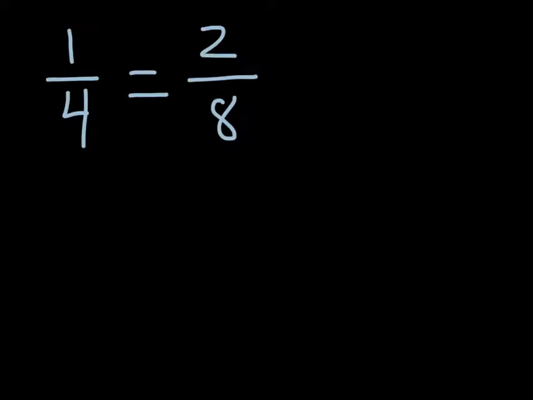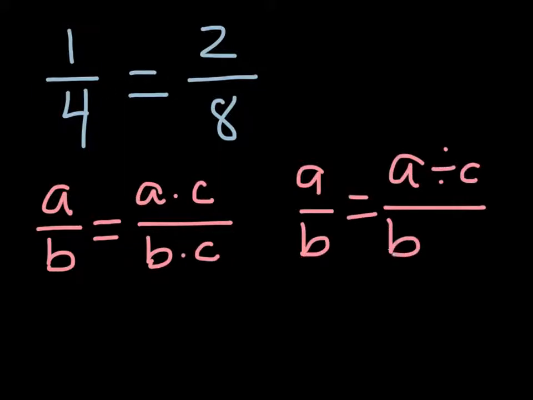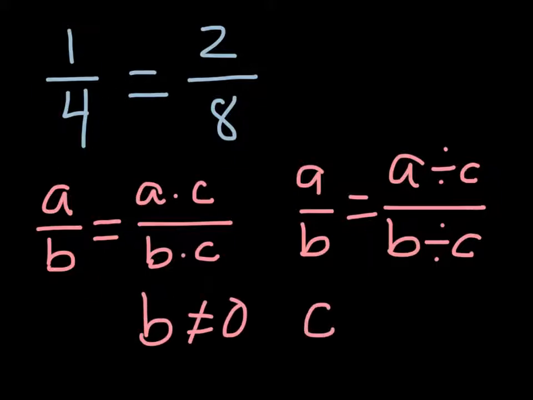Algebraically, we would write that as a over b is the same thing as a times c over b times c, or a over b is the same as a divided by c over b divided by c. The one thing that we must always be careful of, though, is that b cannot equal 0 and c cannot equal 0, because we can't end up with a 0 in our denominator for any reason.